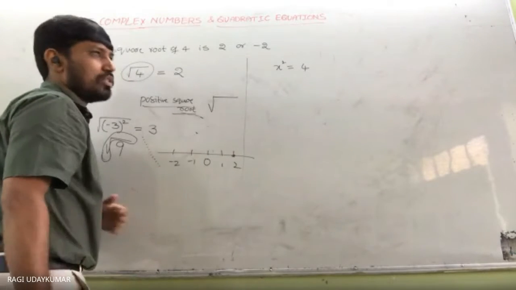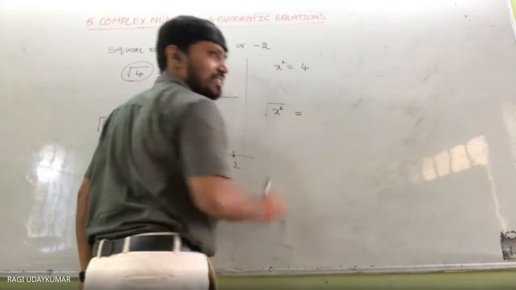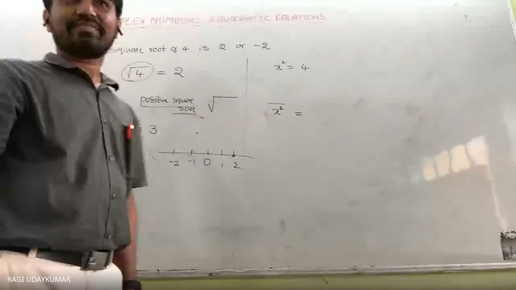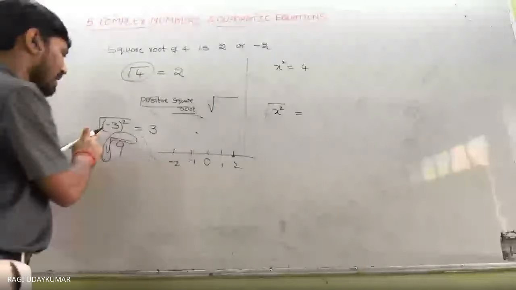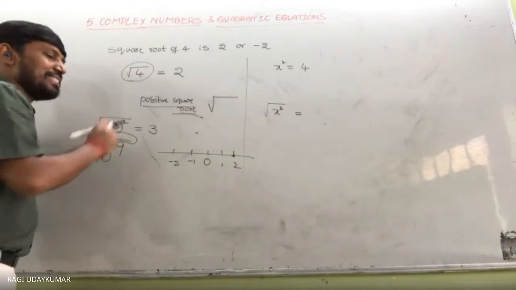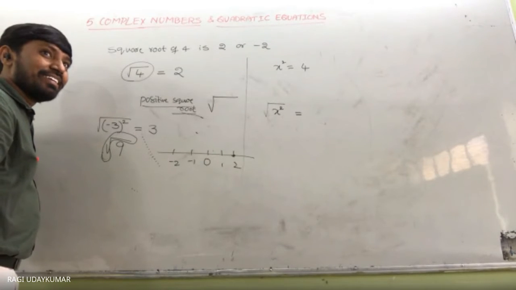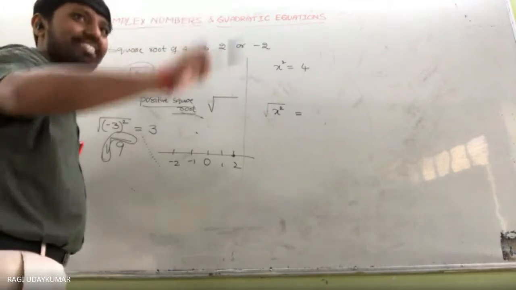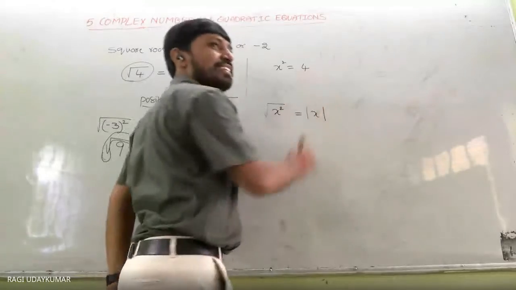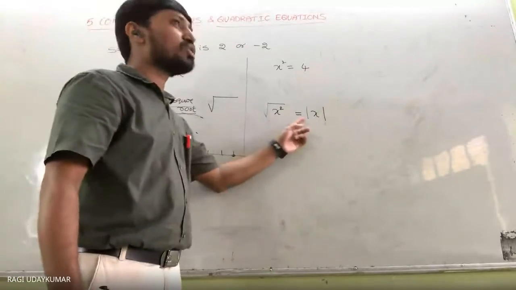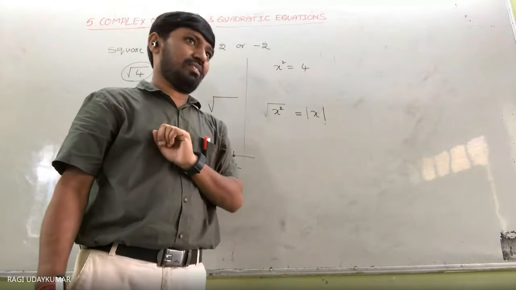Now let us come to the point of square root of x square. If I take minus 3 in place of x, then the answer has to be minus 3? No. Square root of x square equals mod x, because modulus will always give you the positive.